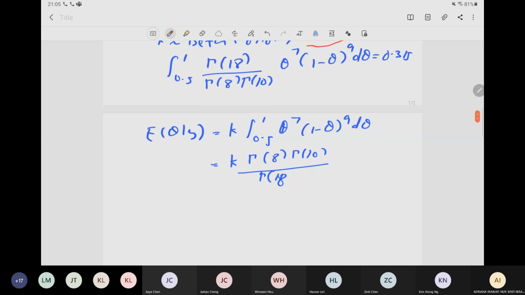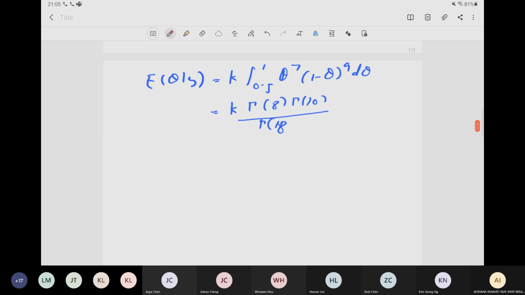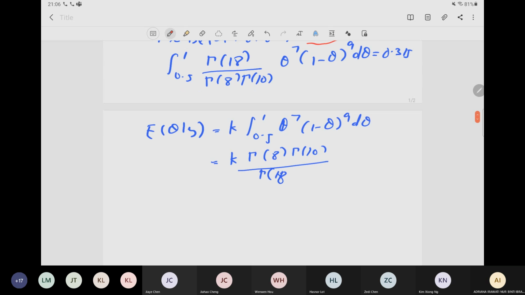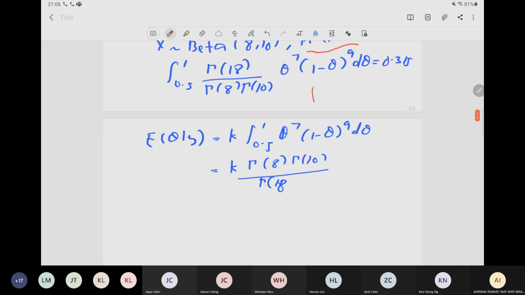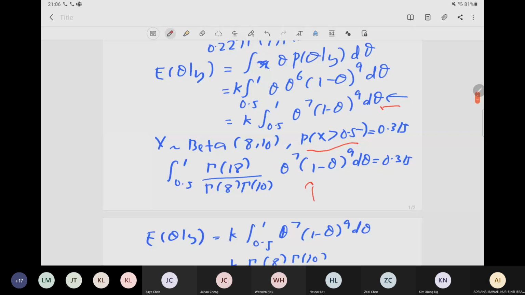This is where I stopped. I just turned around and saw that my screen was blank. So you have this, then the posterior. Originally your mean is this only, multiplied by this function.